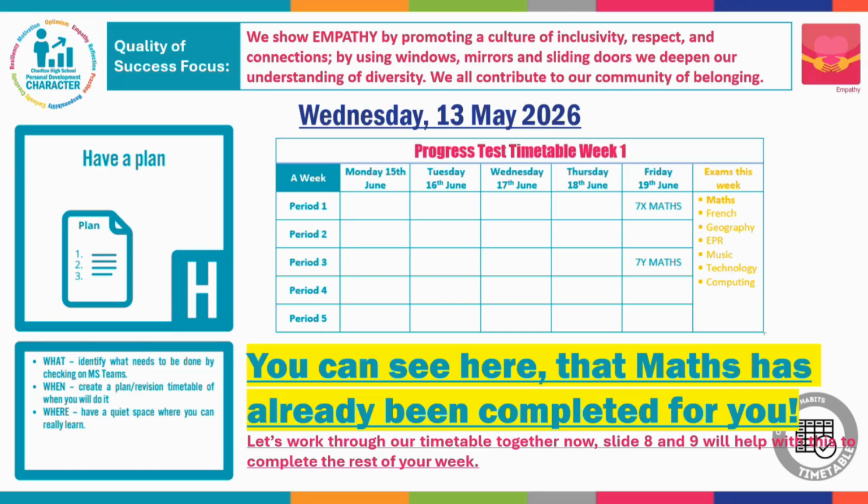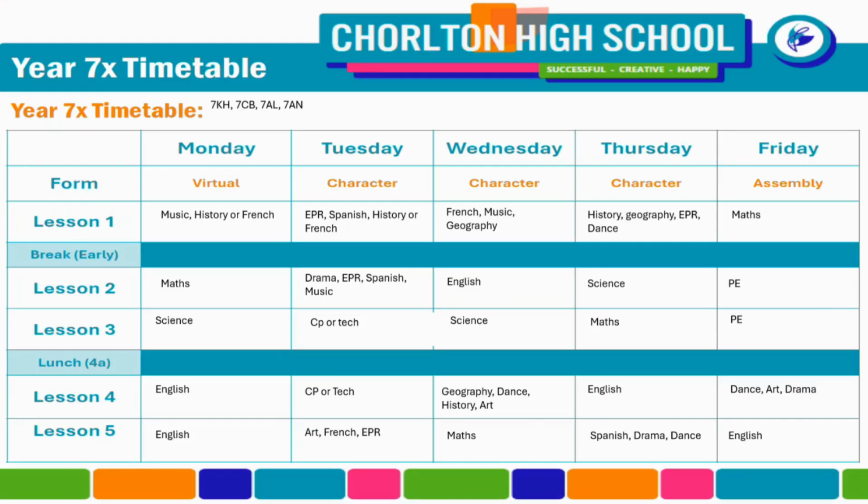So just to help that make sense, if you are in 7X, French is in Tuesday. There's lots of different, you need to see which one works for you, but it could be Tuesday period 1, it could be Tuesday period 5, it could be Wednesday period 1. So you just need to get your timetable in front of you.